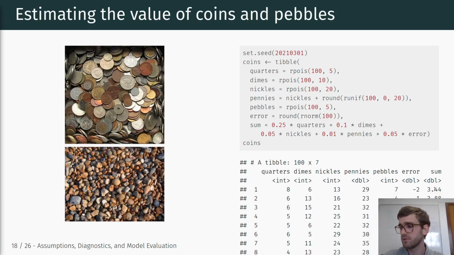And of course the sum here, we have $3.44 in our pocket, and we know in that pocket we have 7 pebbles, 29 pennies, 13 nickels, 6 dimes, and 8 quarters. Now the point is, by running a regression, we can basically estimate the value of each of those coins based on the outcome that we observe, which is the overall value of all the coins that we have in each pocket. So that's the basic setup.